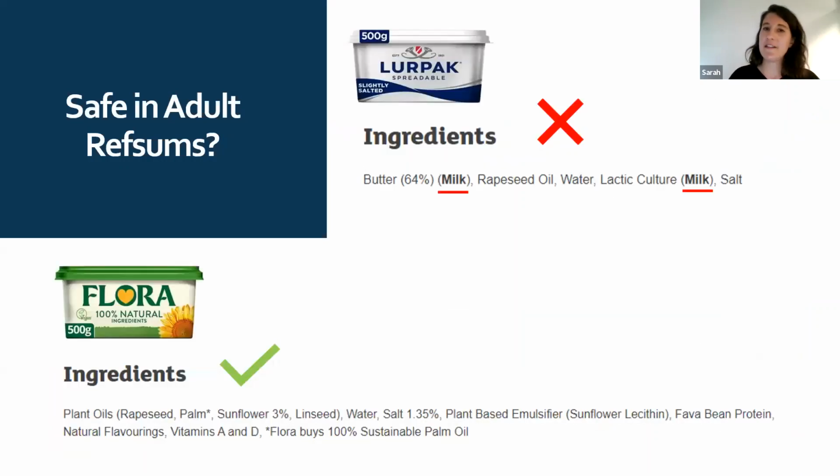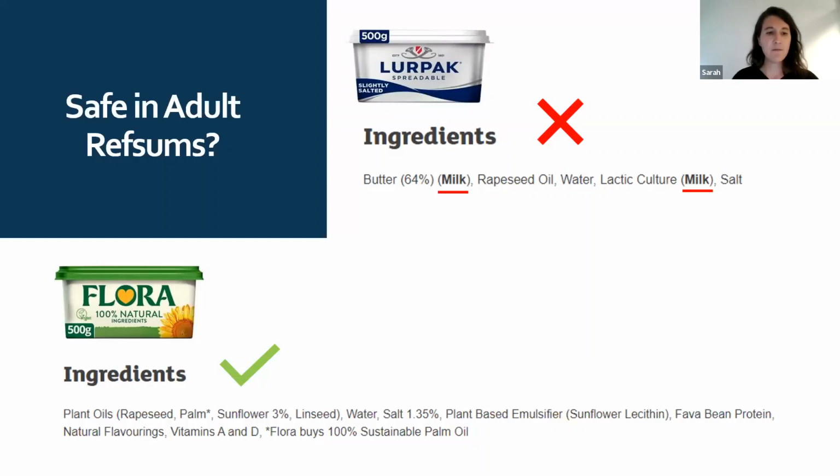The next two slides give some examples of food labels for two types of products. Here we have a spread. The first one at the top very clearly contains milk. They've highlighted it in bold as it is an allergen, and so that product would not be safe to have for adult Refsum's.